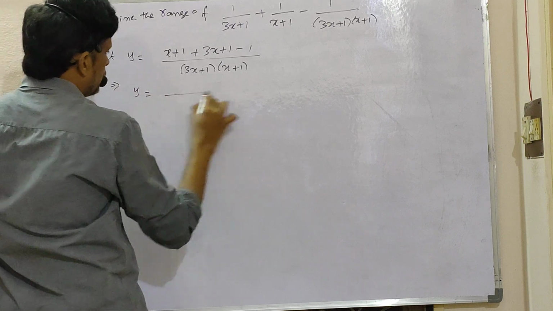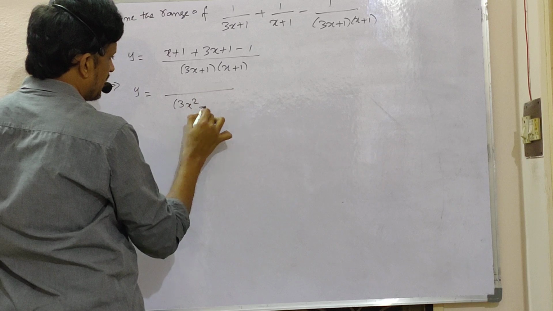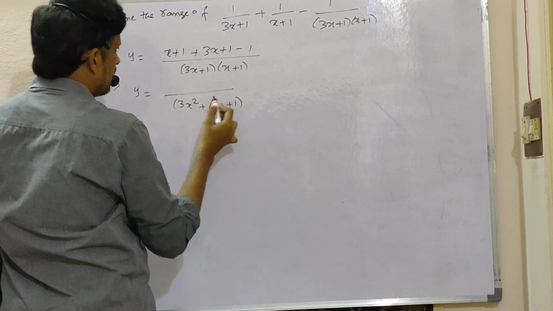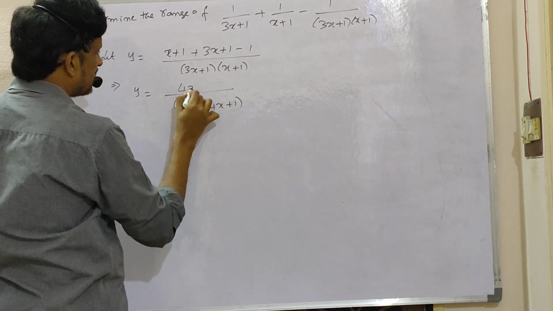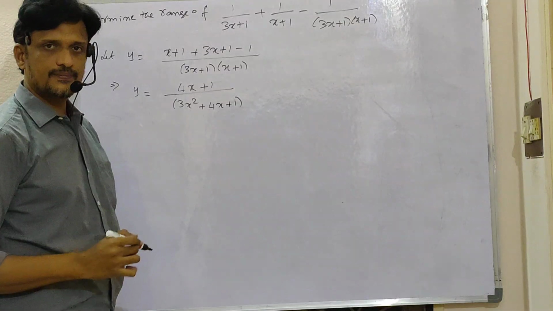Then y equals, multiplying these two, 3x² + 3x + x, which is 3x² + 4x + 1. And here the numerator is 3x + x, which is 4x + 1, because these two get cancelled, 1 minus 1.